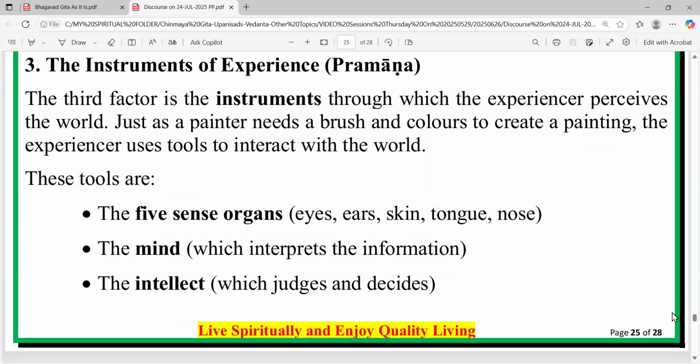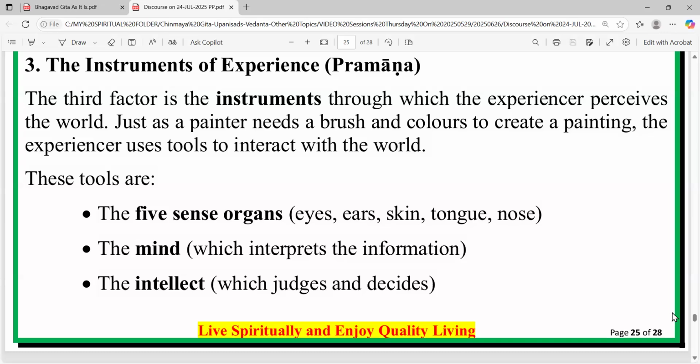Number three, the third factor is the instruments through which the experiencer perceives the world. Just as a painter needs a brush and colors to create a painting, the experiencer uses tools to interact with the world. And these tools are the five sense organs: eyes, ears, skin, tongue, and nose.